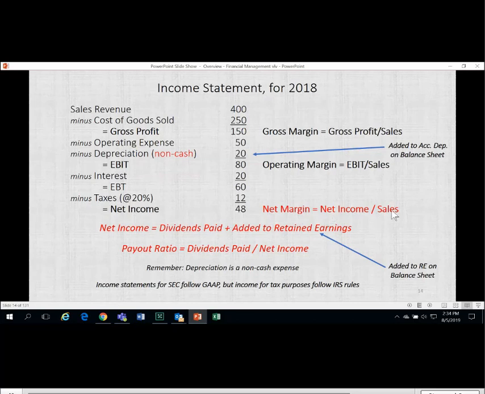Now, there are three very, very important relationships that you need to remember, the three in red. Net margin is net income divided by sales. Then, anytime you have net income, it goes to one of two places: pay out dividends, or anything not paid out in dividends is added to retained earnings.